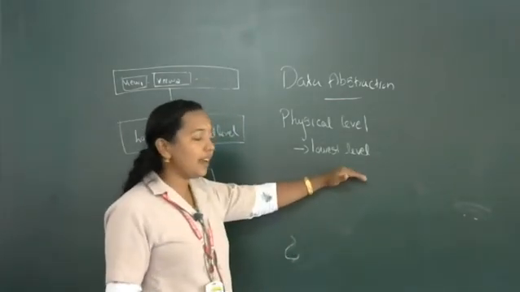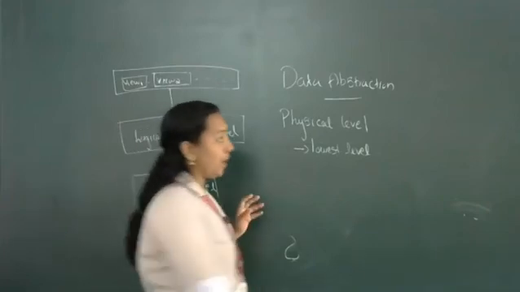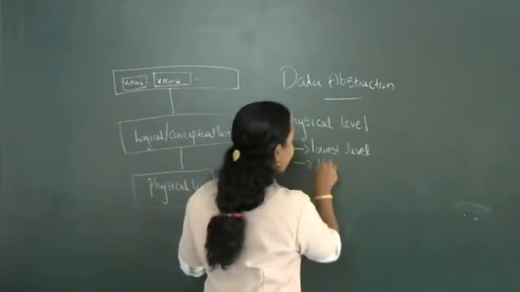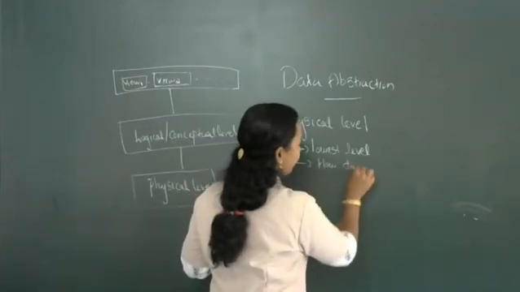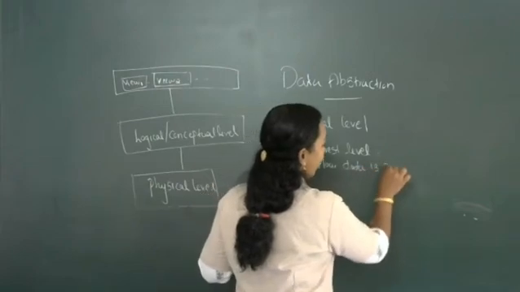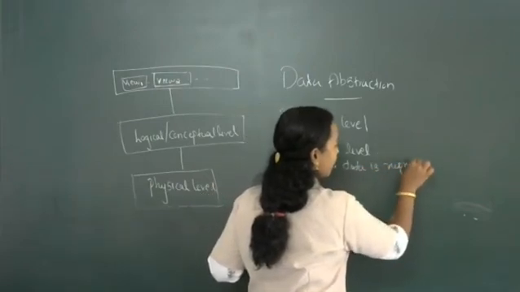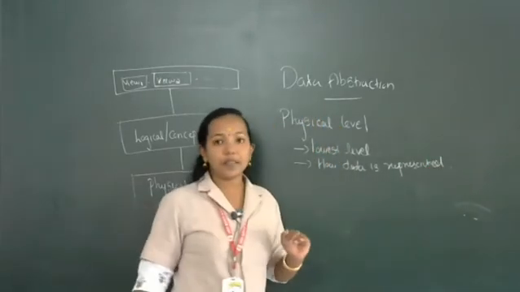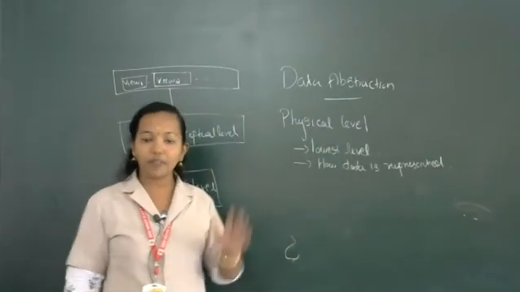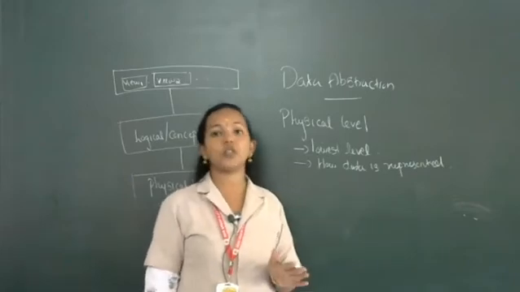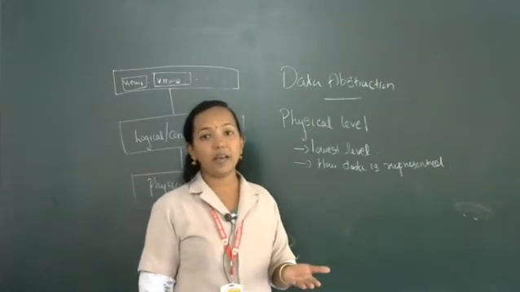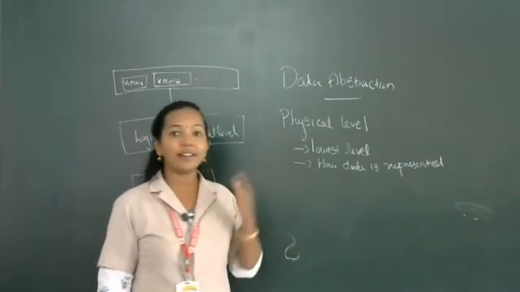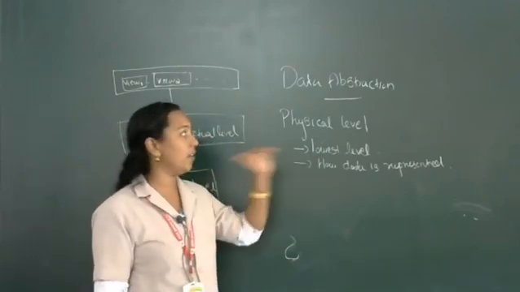In this physical level, DBMS provides how data is represented. How data is represented in DBMS, column wise, row wise, in data structure format, whatever format it is, in which manner data is represented in physical level.